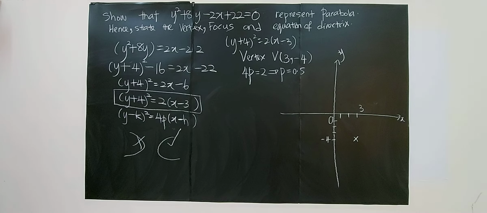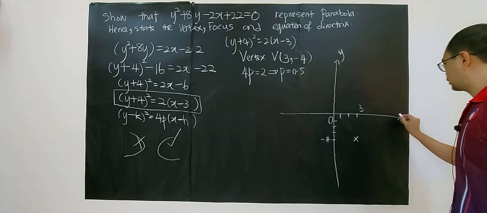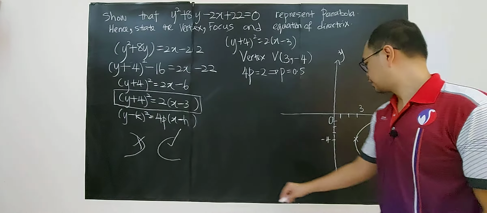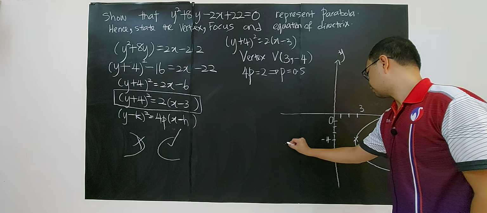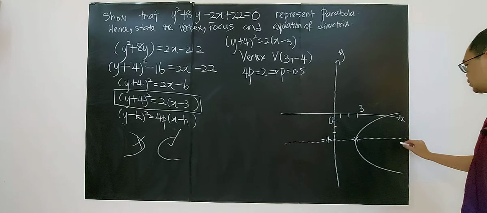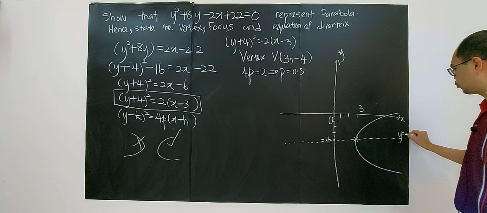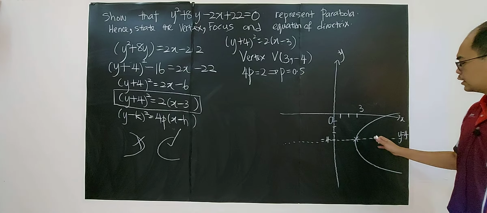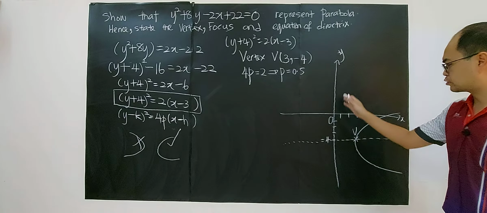Then you know the graph is open to the right. You have an axis of symmetry passing through negative 4. The axis of symmetry is actually y equals negative 4. So the focus, the vertex, and the directrix will be around here.